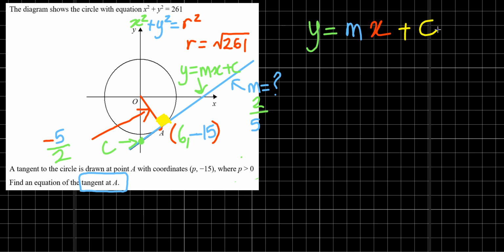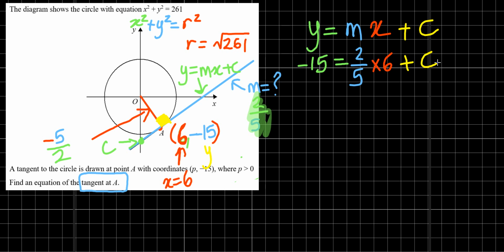Our coordinates: y is minus 15, equal to the gradient, which is 2/5, times the x-coordinate, which is 6, plus c.